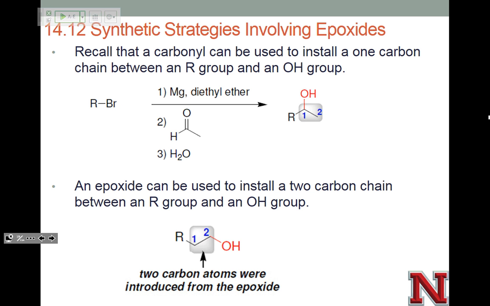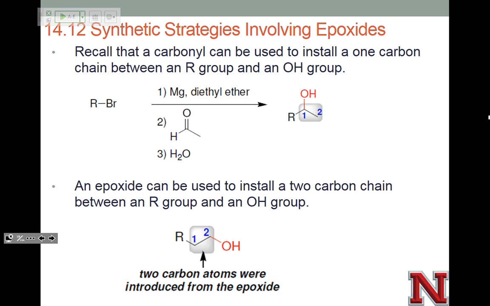Versus the carbon-oxygen double bond, the new carbon-carbon bond's on 1 and the alcohol's on 1. So the difference is subtle, but it makes a huge difference in your final product, in your connectivity. And remember, connectivity can affect reactivity, it can affect physical properties, and if you're talking about drug synthesis, it can be the difference between killing your patient and your patient being treated.